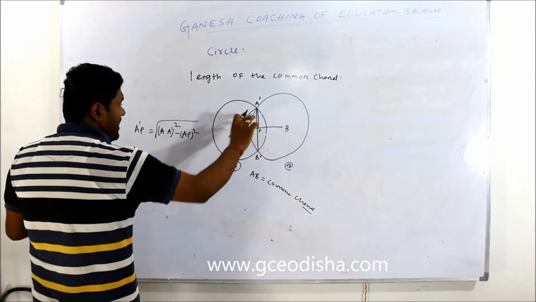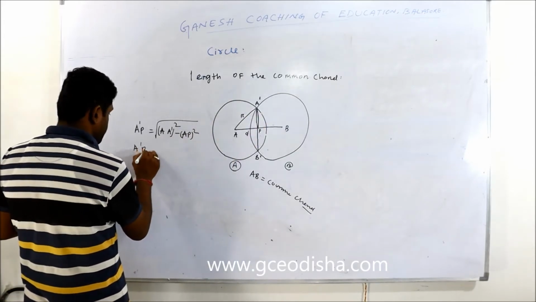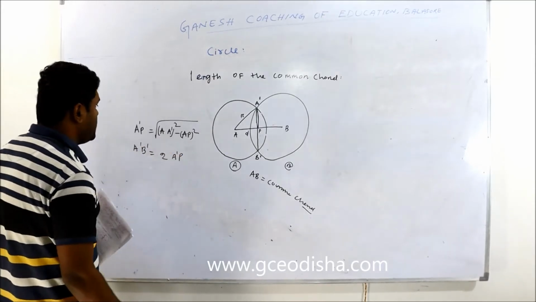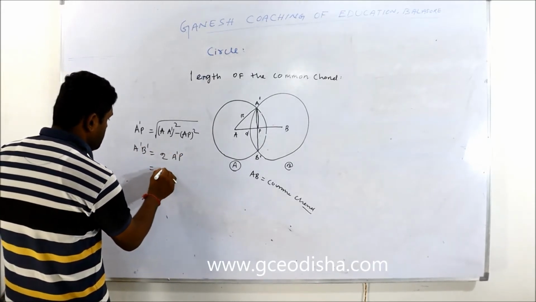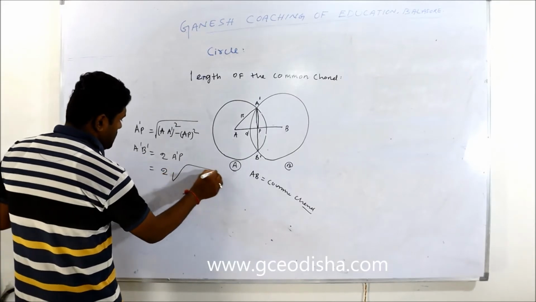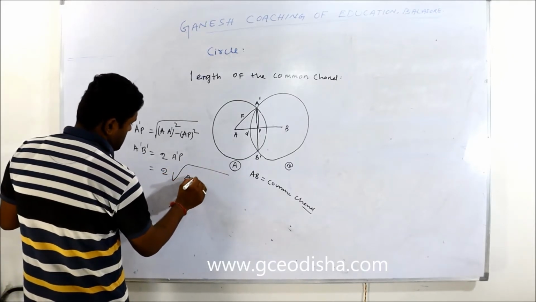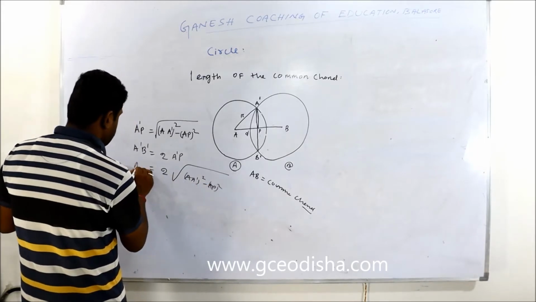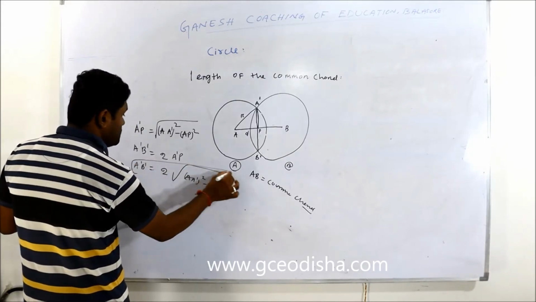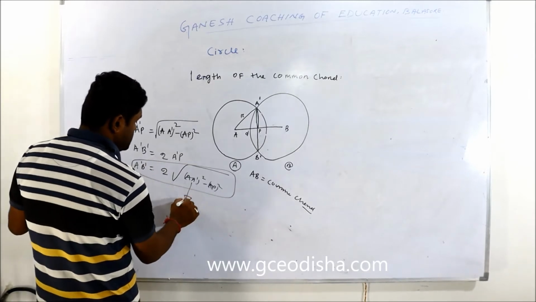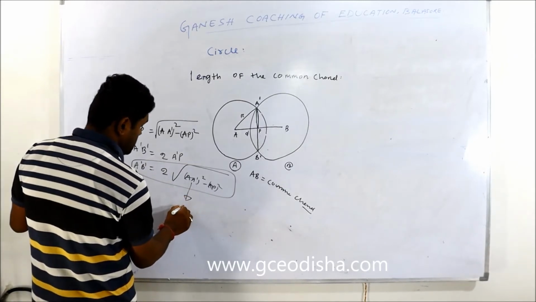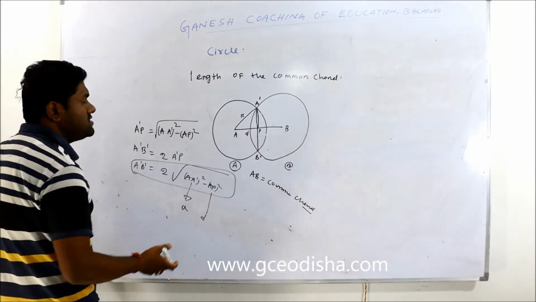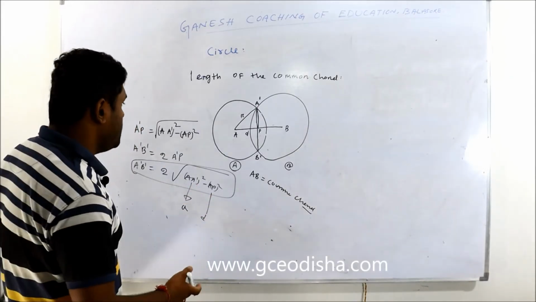Okay, but A dash B dash is twice A dash P, right? Then when you multiply by two, the square root of A dash square minus AP square, we can find the common chord. A dash is the radius, and this is the perpendicular distance. By using this we can easily find the common chord of the circles.